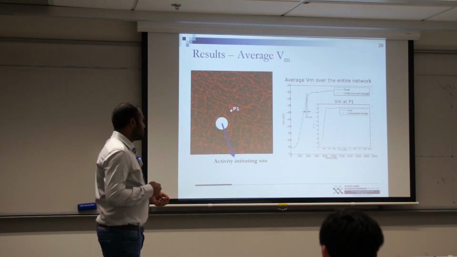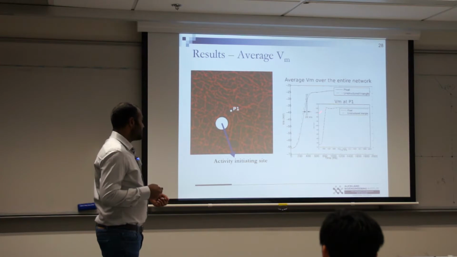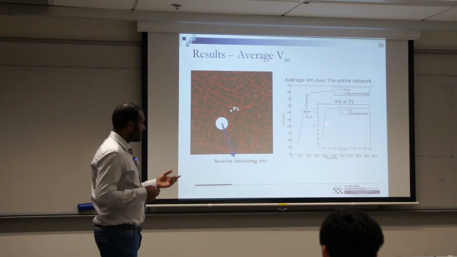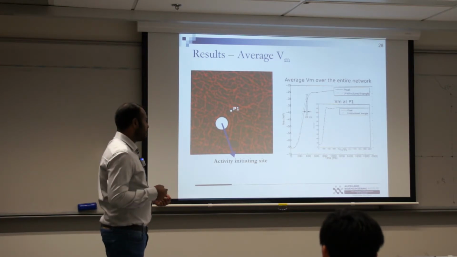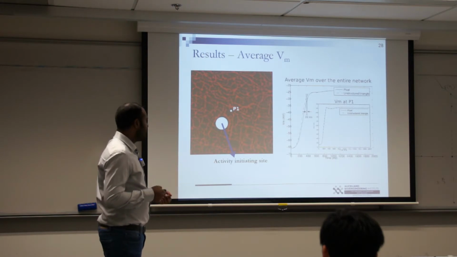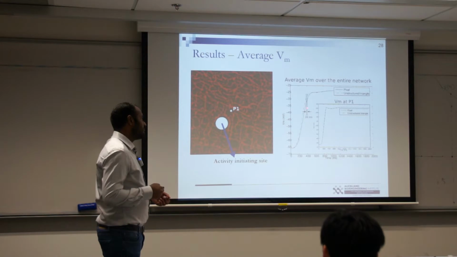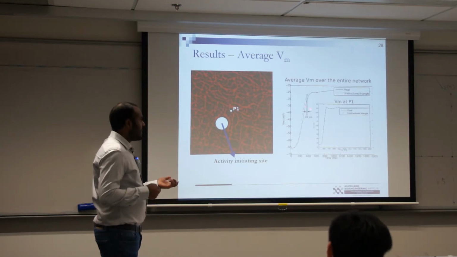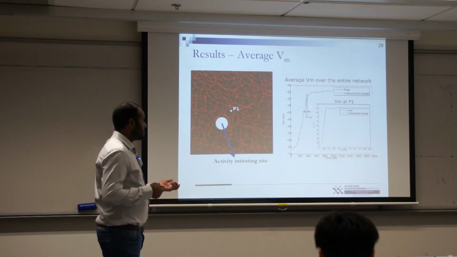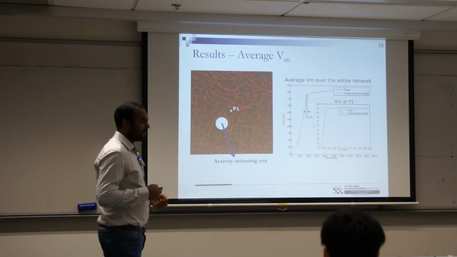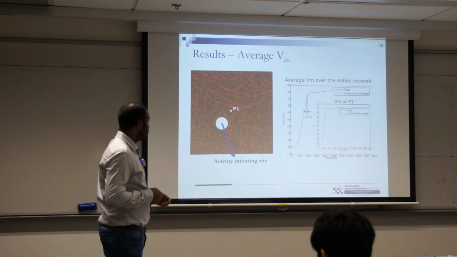So we randomly chose one point around the center, and we found that the activity is around the same at that point. The reason for this difference is the conduction velocity difference between the 2 simulations.